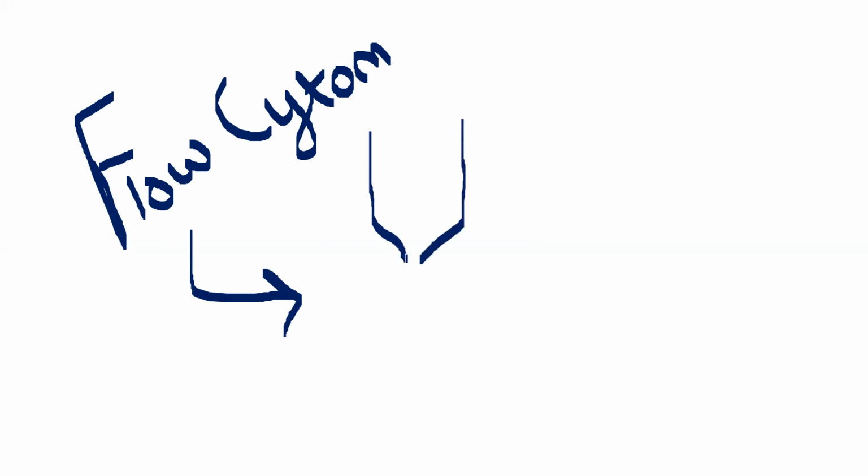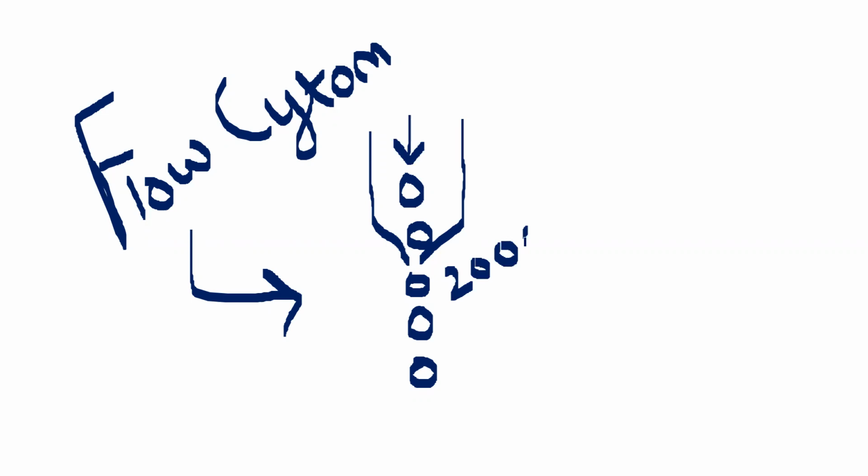I narrow this tube to such a small hole that only a single cell will pass through it. The really interesting thing is the cells are flowing at a rate of 2000 cells per second.